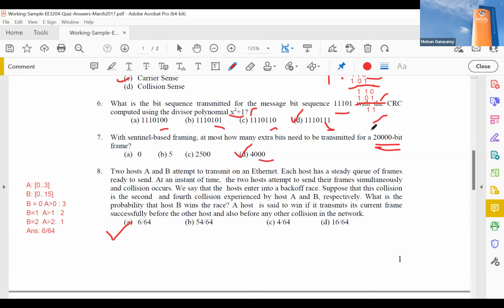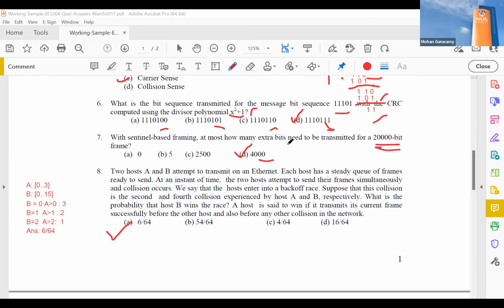Prof, for this you are using bit stuffing, but why not use byte stuffing, where you have an extra byte for every escape character? We don't use byte stuffing here because the question is how many extra bits. If I ask for extra bytes, then you can infer that it's a byte-oriented protocol.